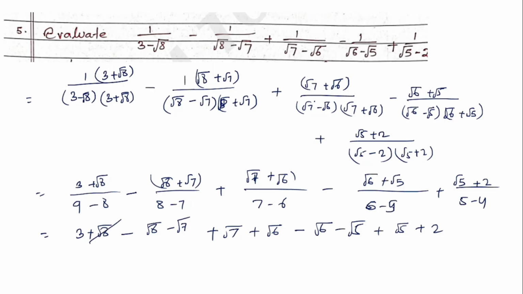Now cancel: plus root 8 and minus root 8 cancel, root 7 also cancels, minus root 6 and plus root 6 cancel, 3 plus 2 equals 5. Okay, next question.